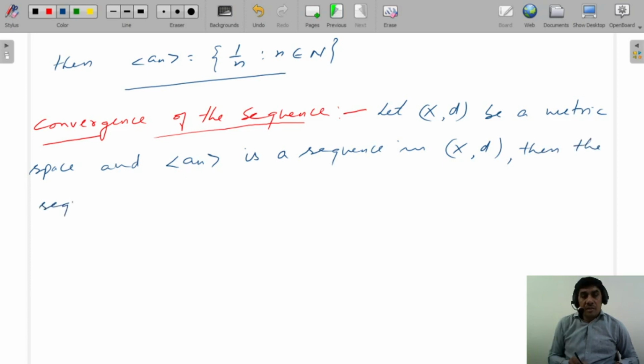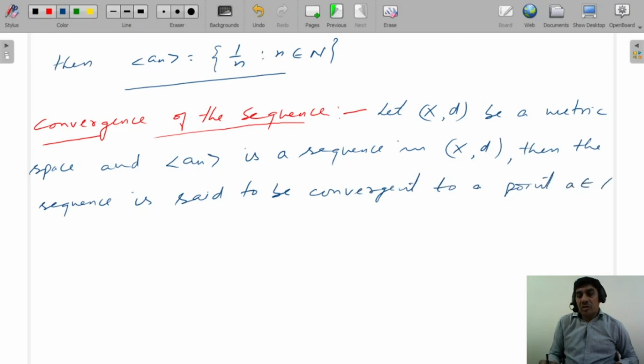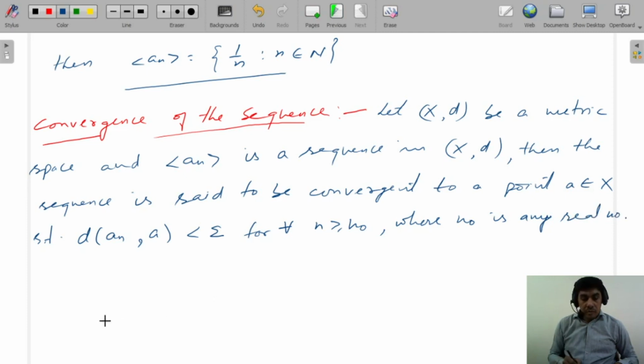Then the sequence is said to be convergent to a point a belonging to X such that distance between a_n and a is less than epsilon for every n greater than n naught, where n naught is any real number. That is, distance between a_n and a tends to 0 as n tends to infinity.